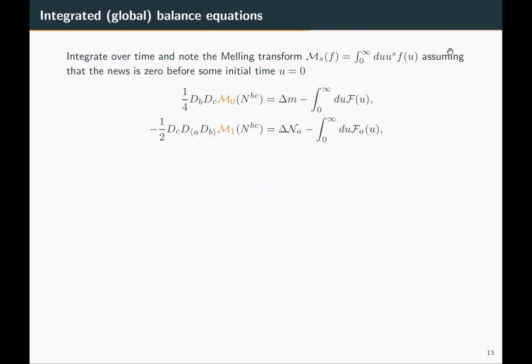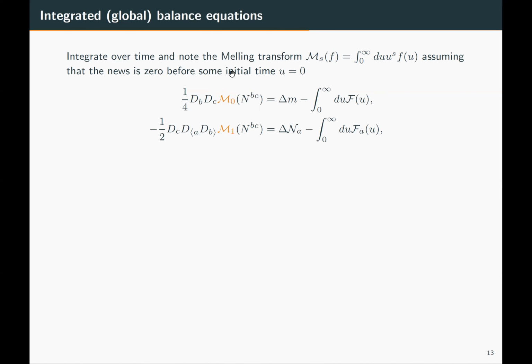So if I integrate these balance equations over time, I find, and if I keep in mind the definition of the Mellin transform of a function, which is given by this: you have the function of u multiplied by u to the power s. Typically, this is defined as s minus 1, but here it turns out that it's more natural to take it to be s. Well, it's just a convention. And then integrate over time from 0 to infinity.